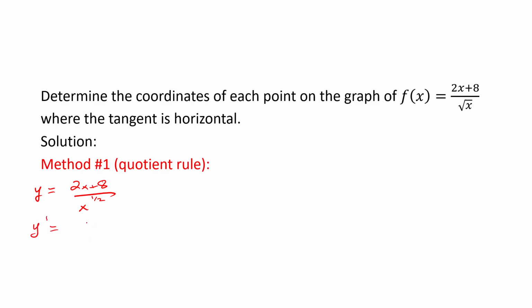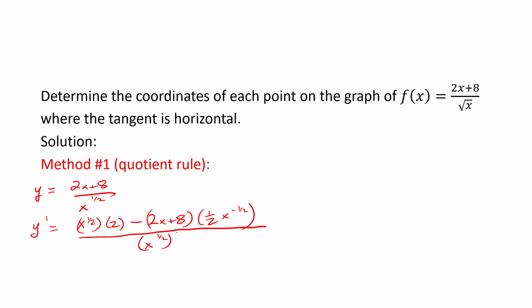So y prime is low d high minus high d low over low low. So that's going to be 2x to the 1/2 minus, now 1/2 x to the negative half times 2x becomes x to the 1/2.